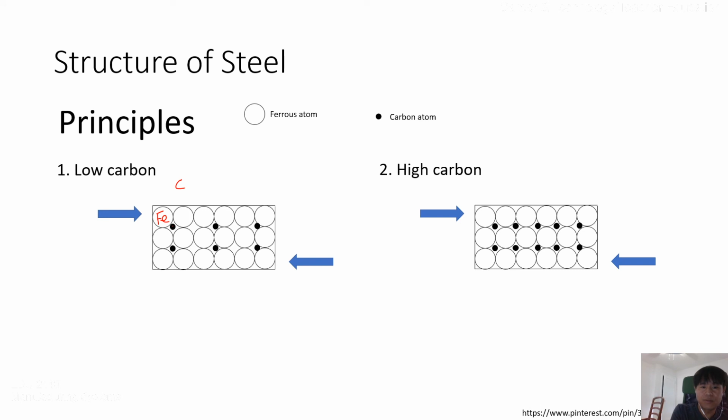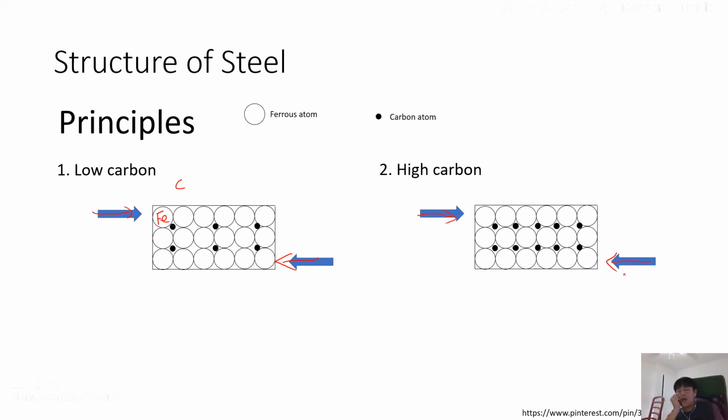The first one, on the left, has 6 carbon atoms. The second one has a higher number of carbon atoms in its structure, right? Let's say we apply stress to this metal product, pushing force like this, like squeezing, and then we do the same to the second one.